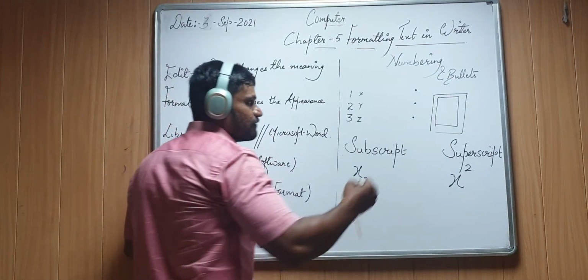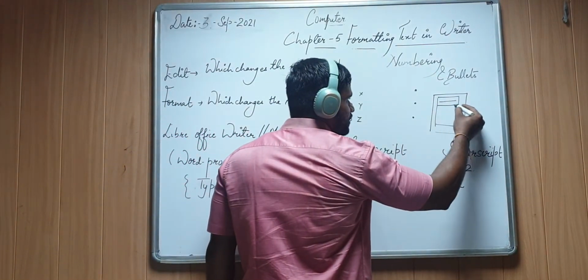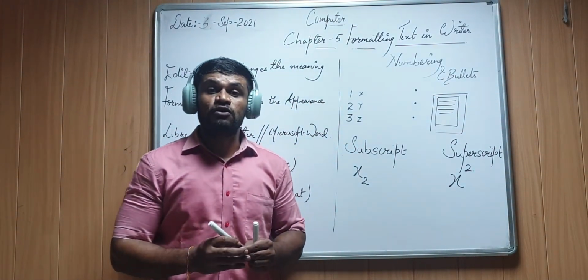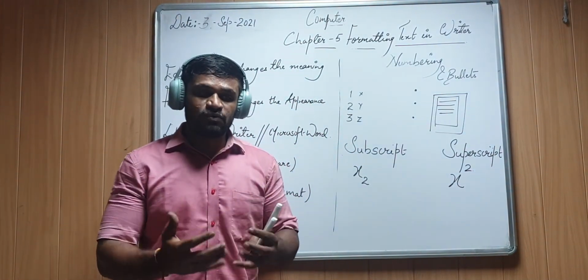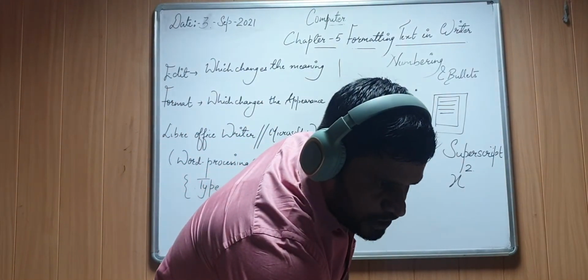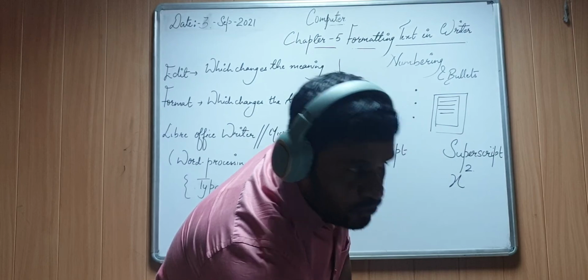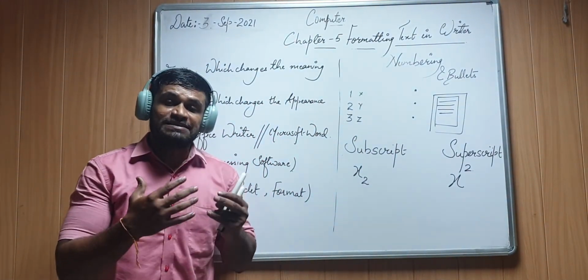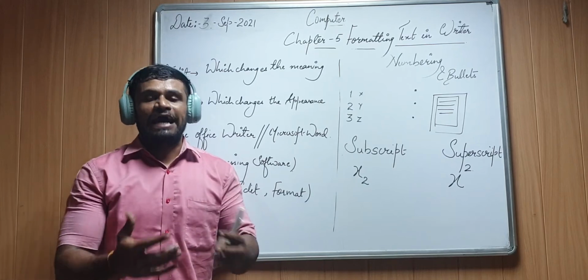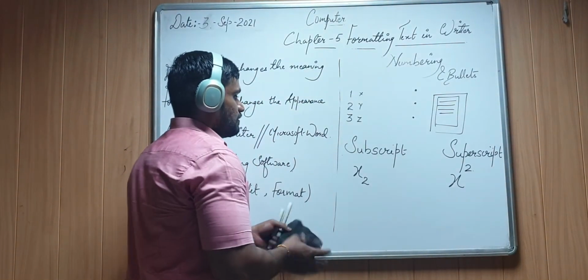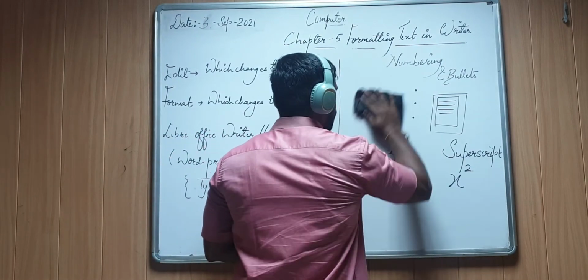Whatever you write is mentioned inside the border in a proper manner, which makes your document look attractive and easy to understand. So we can use borders or the shadow option to make your text appearance more attractive. After that, we have the last formatting step, that is drop cap.